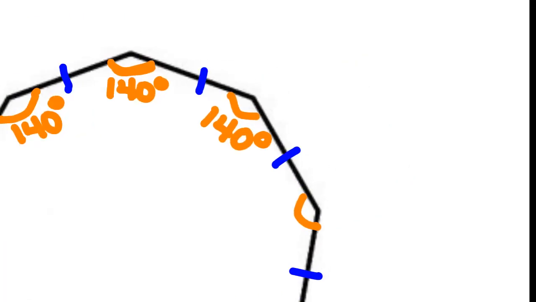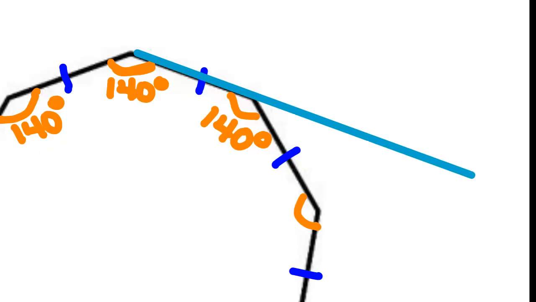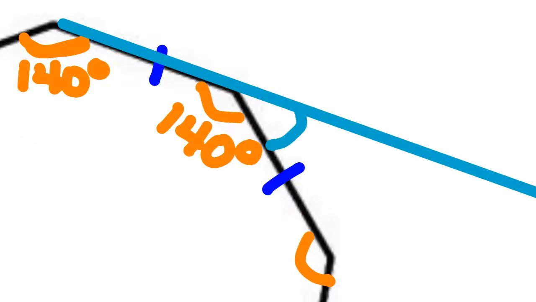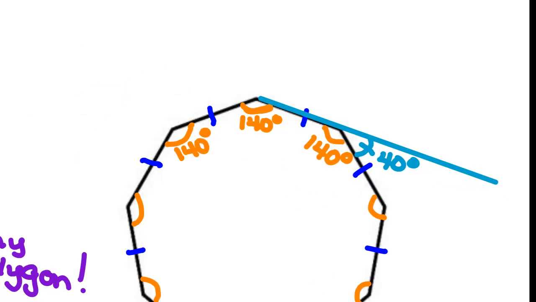So the exterior angle would be formed by one of these sides continuing out like this. And this angle right here is what would be the 40 degrees. What do you notice about the interior angle, this 140 degrees, and the exterior angle?